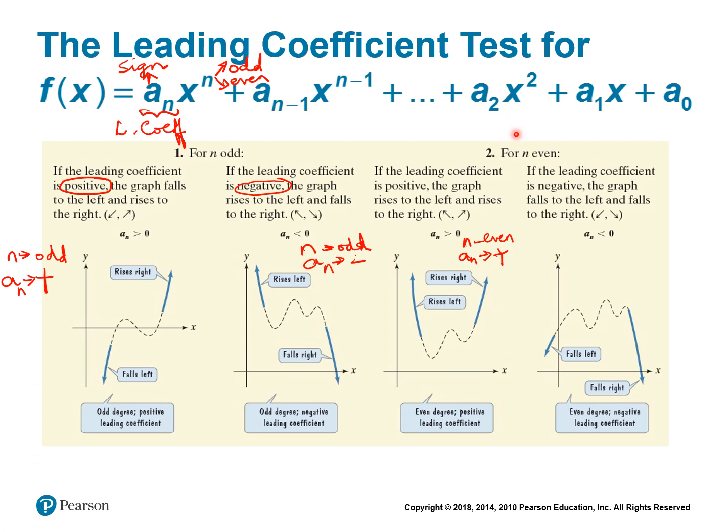All right. Now let's look at the situation when n is even and a sub n is negative. So let's write that, n even and the coefficient has a negative sign.